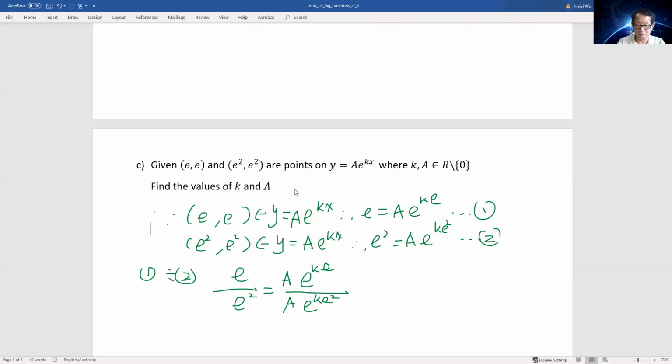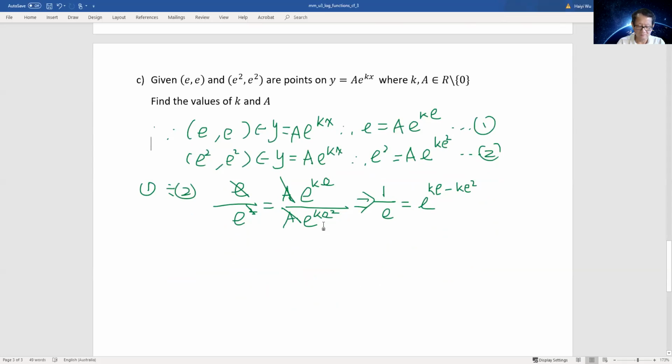Because we got two unknowns, A and K, we eliminate one unknown first. So when we divide them, we eliminate A. So that leads to, this e cancels with the square, so it'll be 1 divided by e. Now both are e base, so we can use subtraction. So therefore, e to the power of -1 equals e to the power of K e minus K e squared.